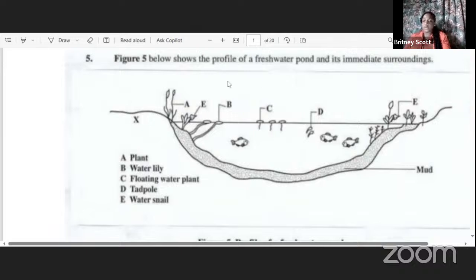Come on, students, give me two abiotic factors. Water and mud. That is correct. So the mud and the water would definitely be two of the abiotic factors.